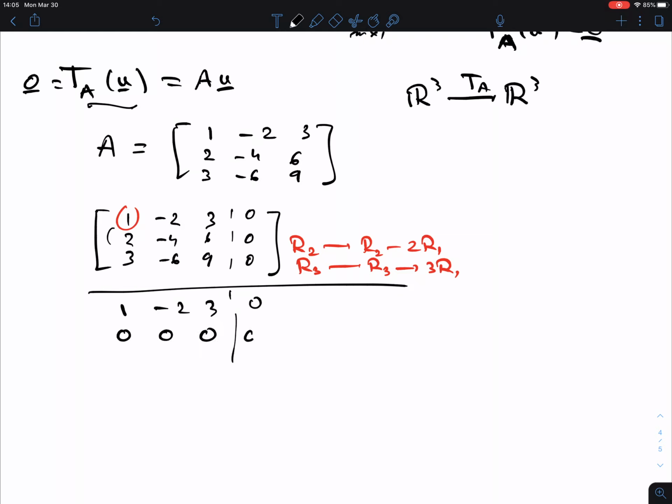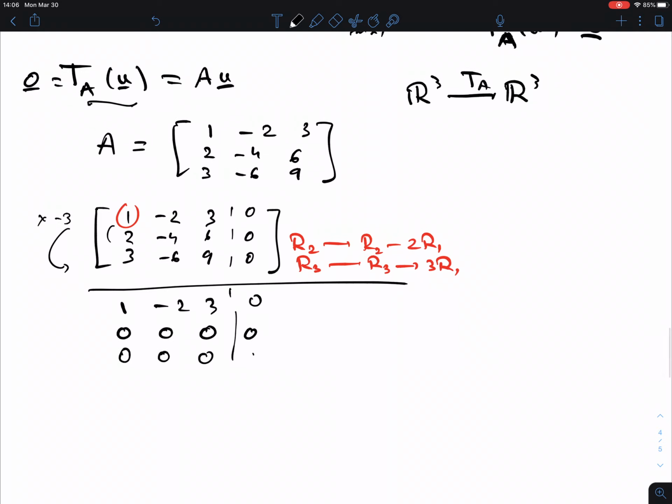That's 0. This last column is of course always 0, so I don't really need to write it, but I do it so it's clear what I'm doing. Now multiply this by -3 and add it up to there. We get 0 again. -3 times -2 is 6, plus -6, that's 0. I get 0 there also.